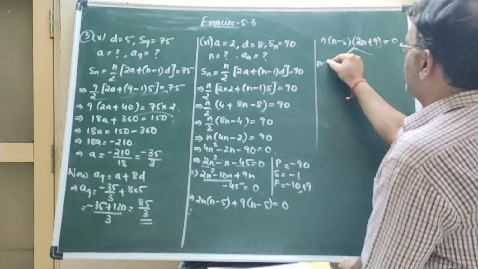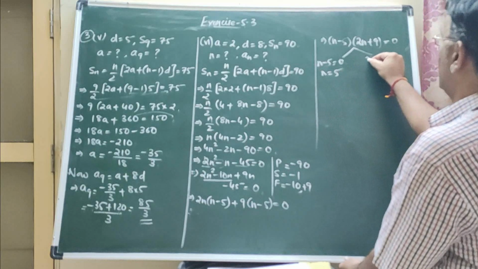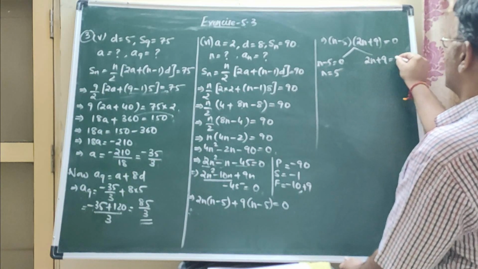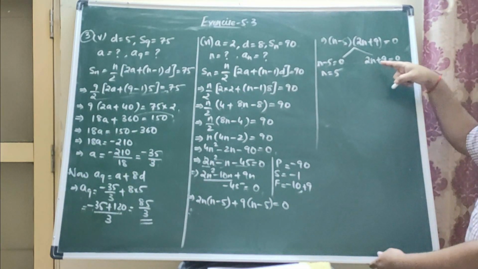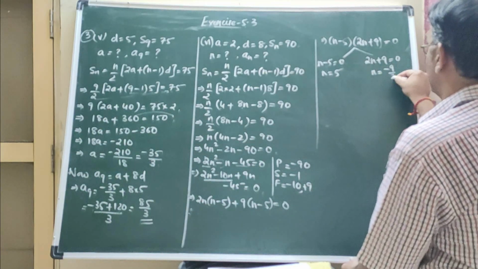So either n minus 5 is equals to 0, that is n is equals to 5, and 2n plus 9 is equals to 0. Plus 9 को इधर शिफ्ट करेंगे तो minus 9 हो जाएगा. So n is equals to minus 9 by 2.